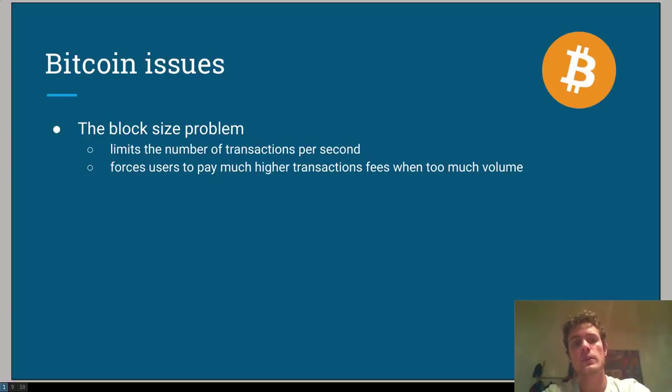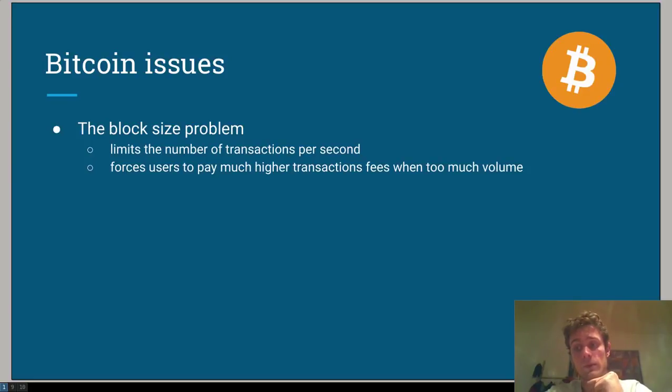And so the problem with a limited block size, or too small a block size, is that it forces users to pay much higher transaction fees when a lot of people also want to make a transaction at that time. Obviously, the advantage of the blockchain in Bitcoin is that it's extremely secure and cheap and fast.